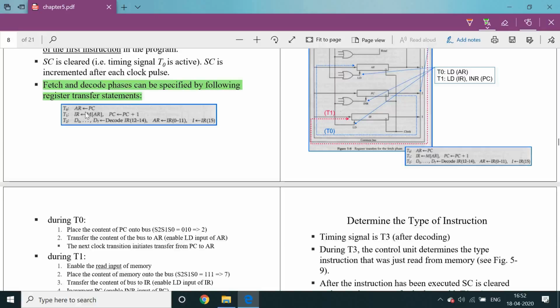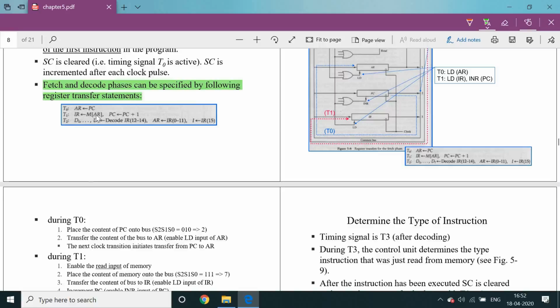This is the complete representation of the IR. The arrow indicates the direction of data flow. Here PC is stored into the AR.